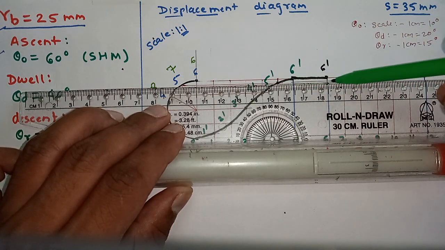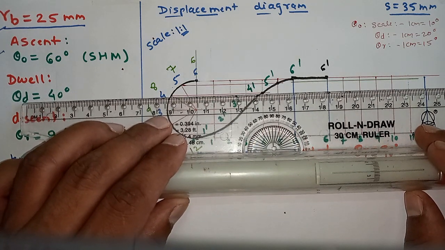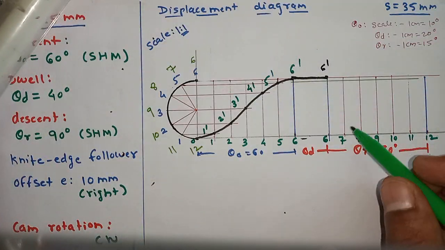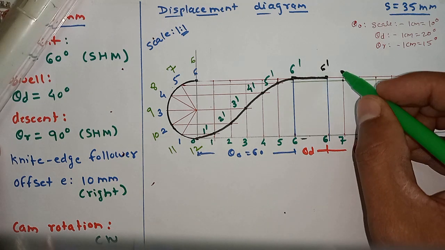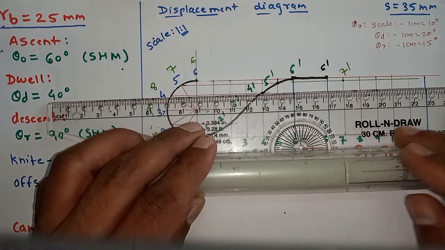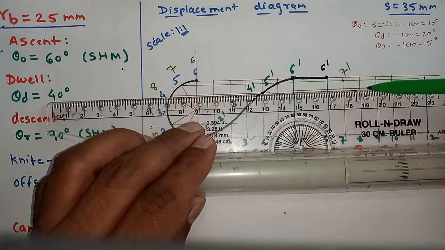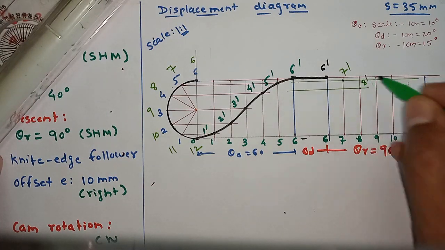This is point number 7, which will intersect the division line 7 at 7 dash. Next is point number 8, which will intersect division line 8 at 8 dash.